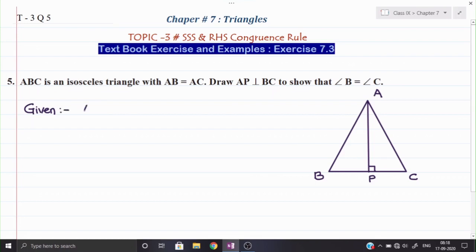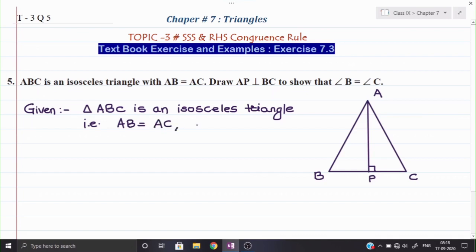That triangle ABC is an isosceles triangle. And if it is isosceles, which sides are equal? We have given that AB is equal to AC.